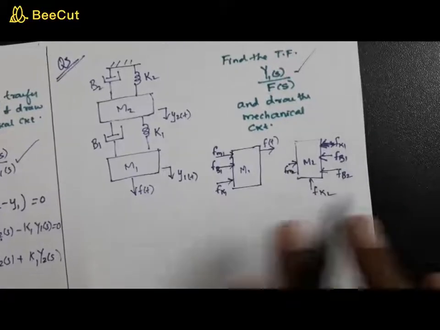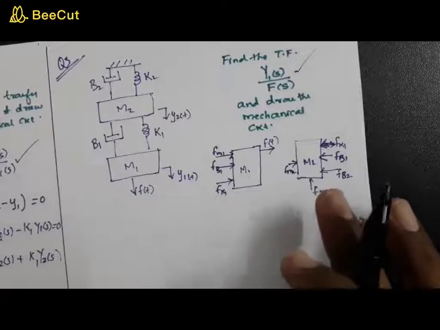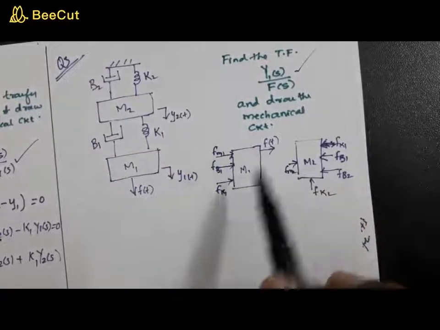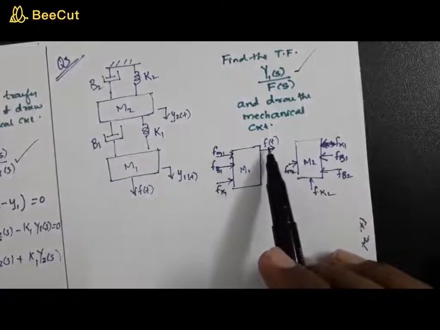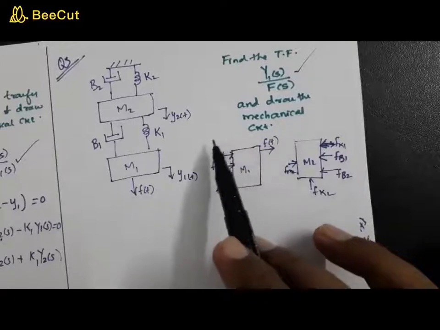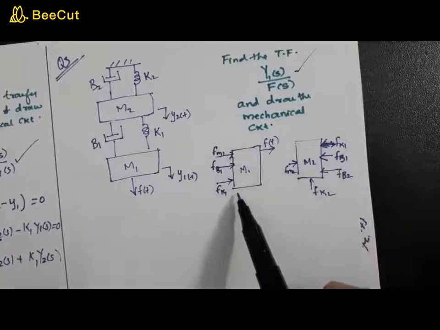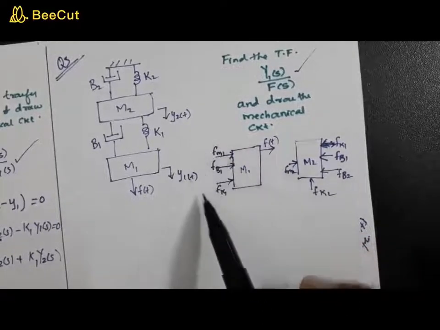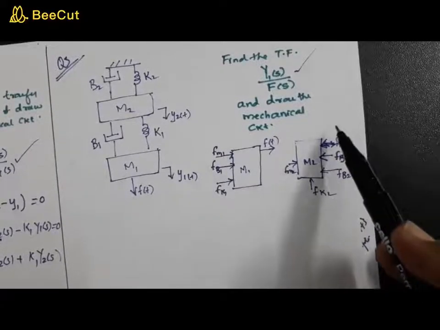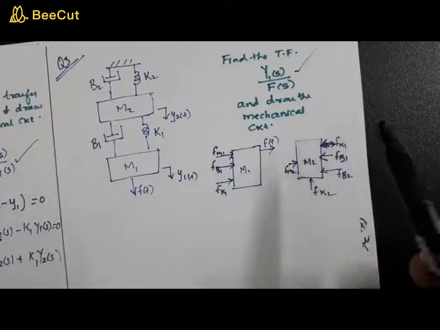Now look at the difference between the free body diagrams of these two masses. The first mass has only four forces, and among those, one is the external force. What you are going to do is equate this external force to the opposing forces: F of t is equal to this sum. Now coming to M2, there is no external force, so the external force is equal to 0.